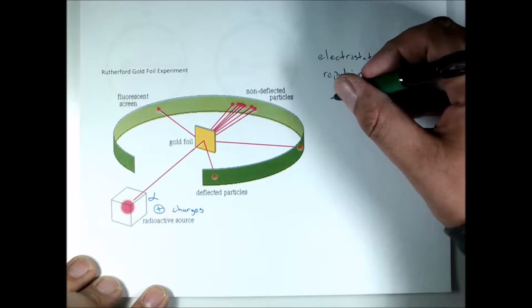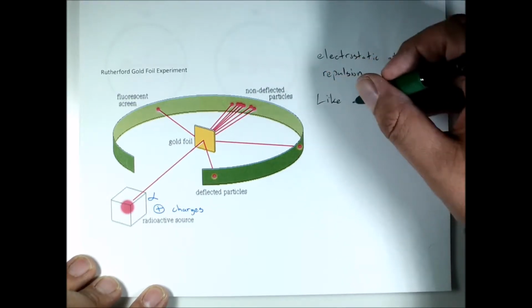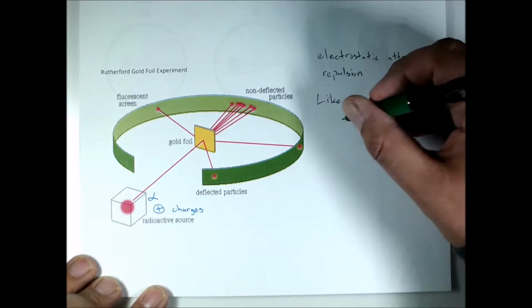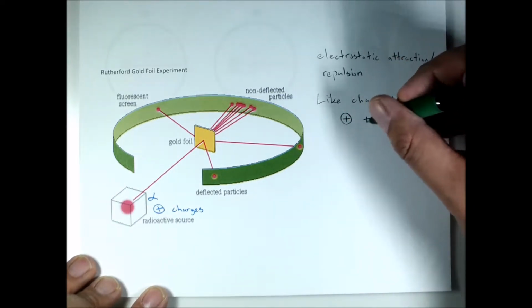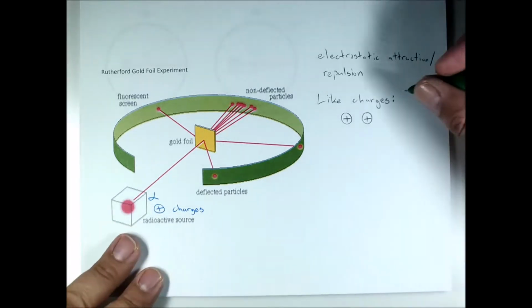So for example, if you have like charges, you guys know how these interact? If we have two positives coming next to each other, what are they going to do? Are they going to attract to each other, or are they going to repel each other? They tend to repel each other. So we say that like charges repel.